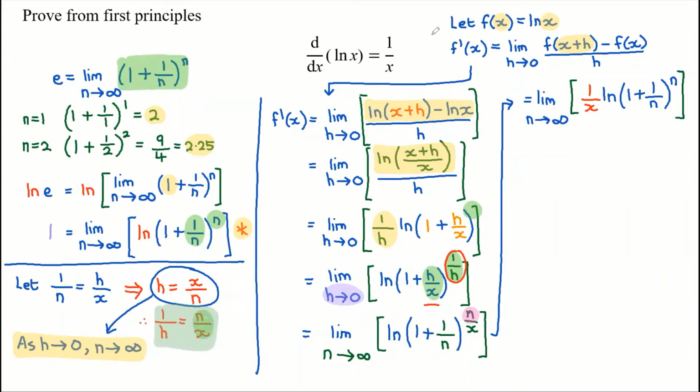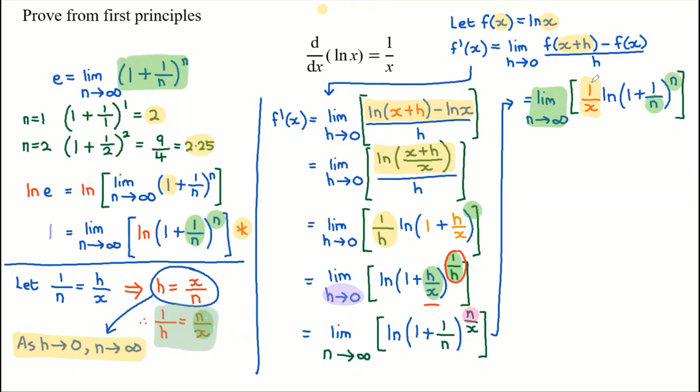Now, if you'll notice, we're taking the limit as n approaches infinity now after our substitution. So this means that anything containing n, such as this and this, we're going to have to take the limit. Okay, but what is not affected by this limit is the 1 over x. There's no n element in that whatsoever. There's no n factor at all.